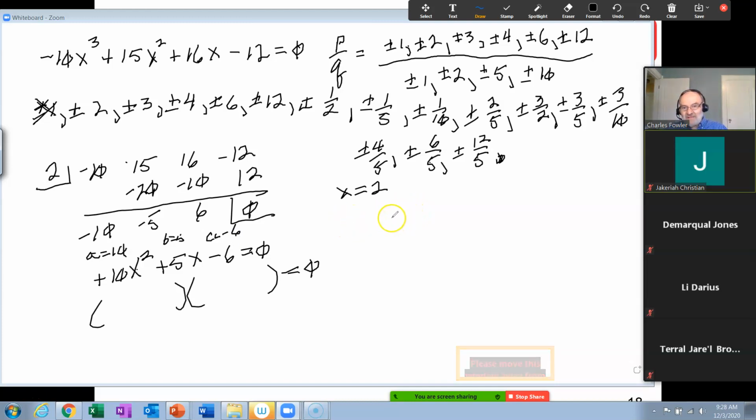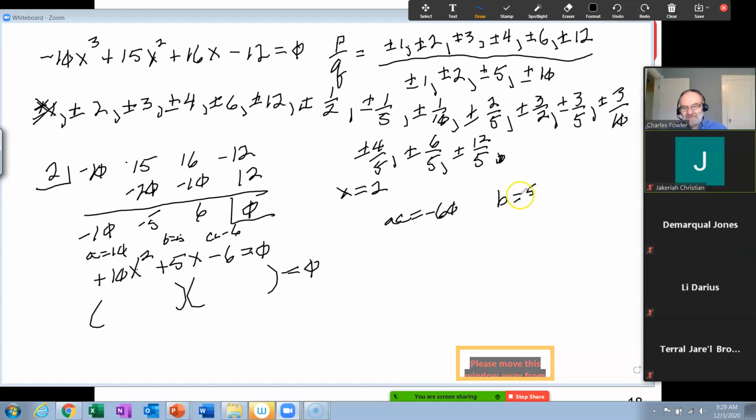So AC, that means multiply, is 10 times minus 6, which is minus 60. Again, that's a huge number. Your B, on the other hand, is 5. What we're going to try to do is get factors of minus 60 that add to be positive 5.